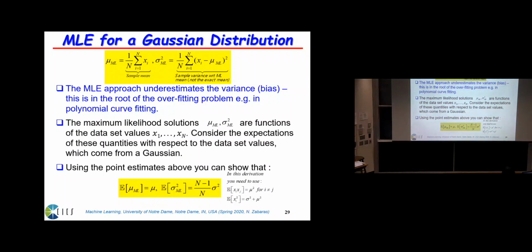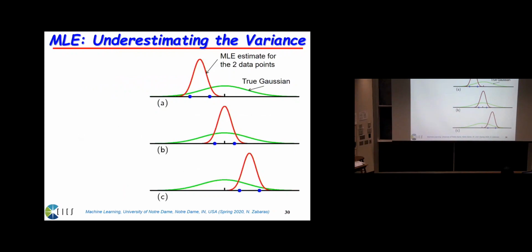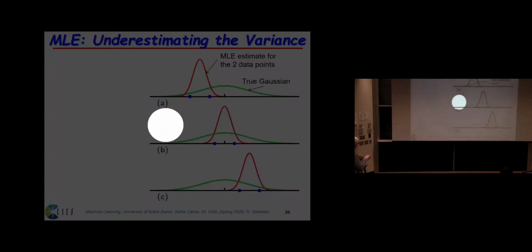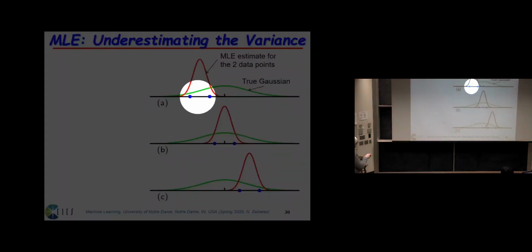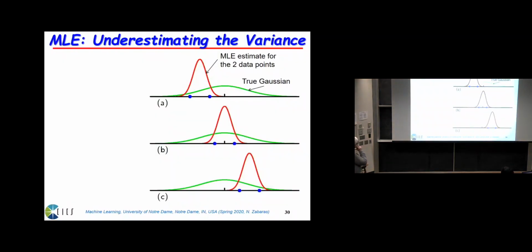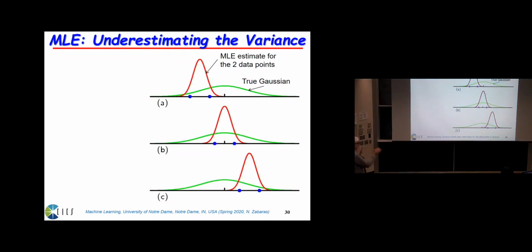Now, let me show you a wonderful picture from Bishop's book that demonstrates graphically what the problem is. Suppose that I give you 2 points, my 2 data points coming from a Gaussian, and I ask you to fit them to a Gaussian.